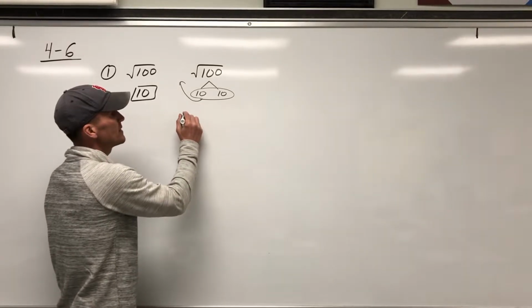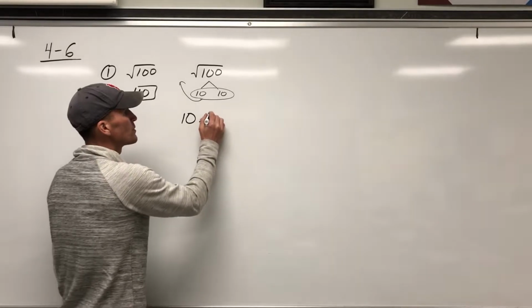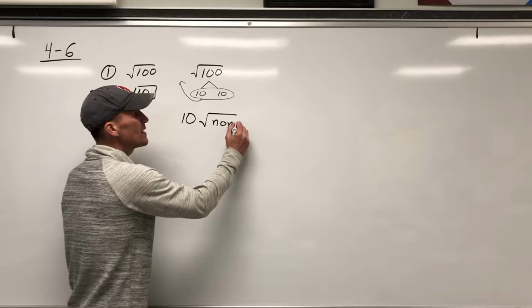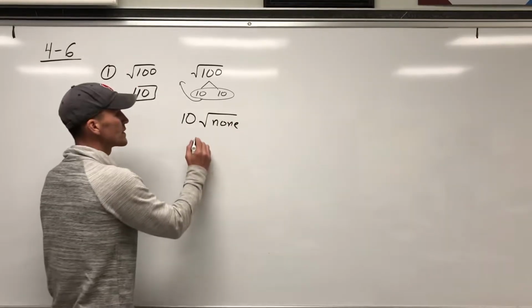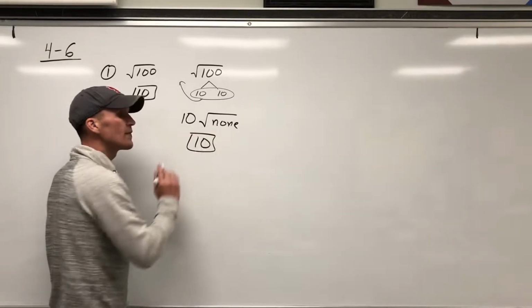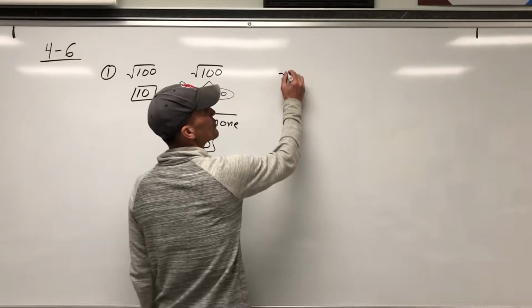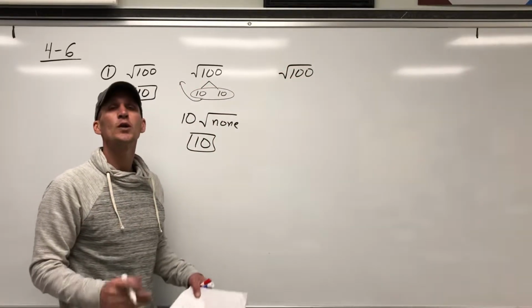So a pair of 10s comes outside of the square root as a single 10. You can put your square root symbol, but there's nothing left underneath there. So we're not gonna say 10 square root none, we're just gonna say 10, and there's no numbers left in the square root.